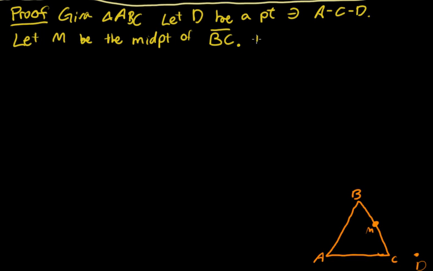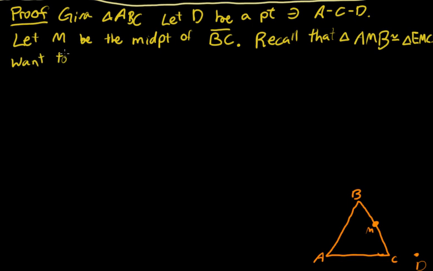So, recall that triangle AMB is congruent to triangle EMC. We should probably put point E out here.